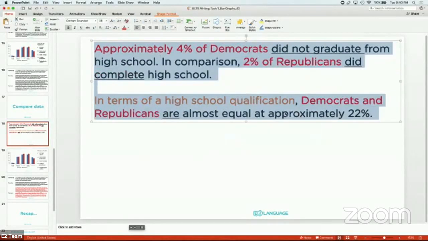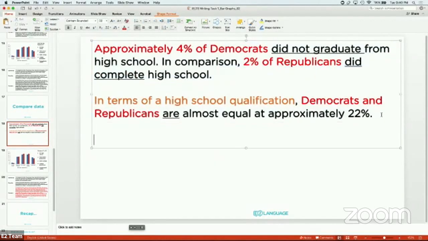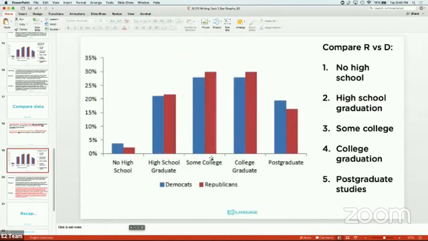I'm going to decrease the size and I'm going to go down here. I'm going to look at this graph and I'm going to look at some college. Now, again, what's my subject? Am I going to start my sentence by saying some college? No. Am I going to start my sentence by talking about Democrats? Okay, maybe I can do that.